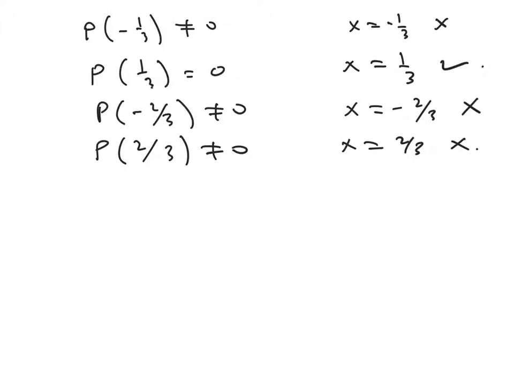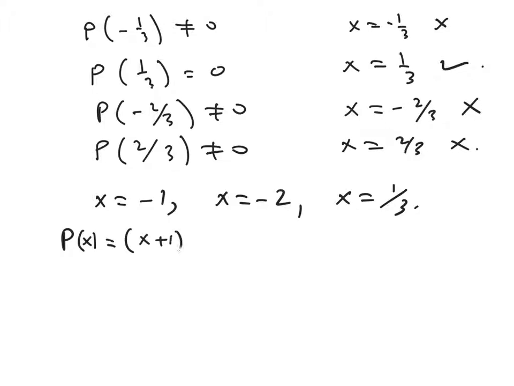So we found 3 zeros: x equal to negative 1, x equal to negative 2, and x equal to 1 over 3. We now use the zeros to write our polynomial in factored form. So p of x equals x plus 1. The 0 x equal to negative 1 gives the factor x plus 1.